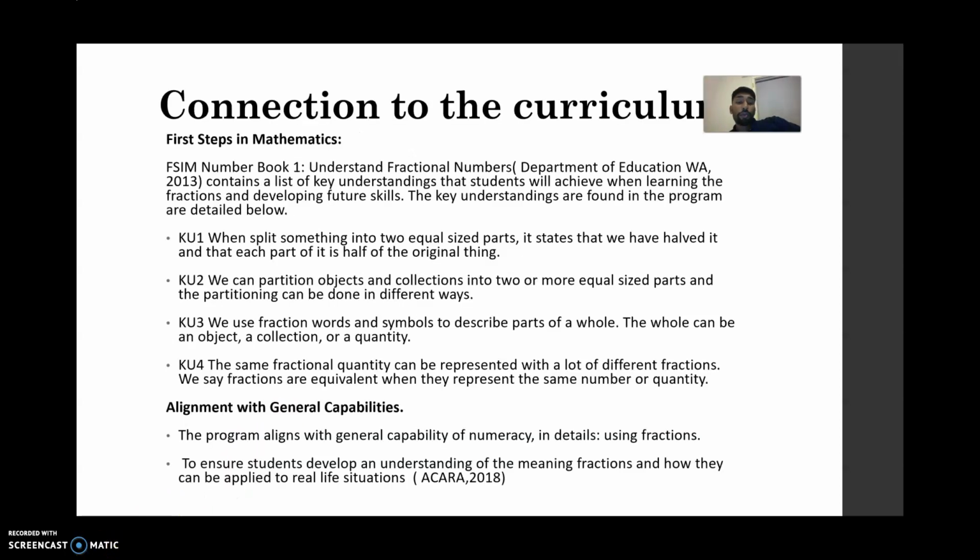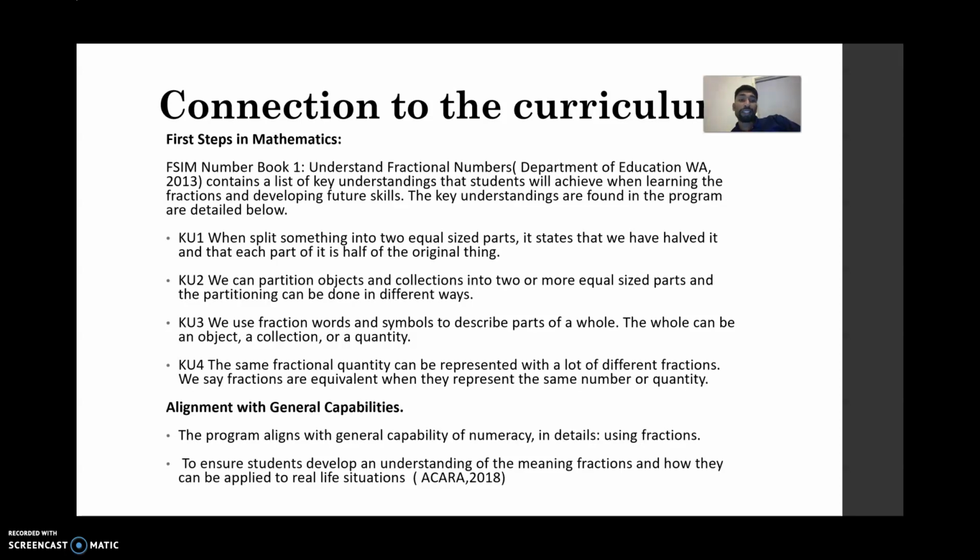In this mathematical program, I have connections to the curriculum via the First Steps book in mathematics. In the First Steps books, under Number Book 1, it states, understand fractional numbers, and contains a list of key understandings that the students will achieve when learning fractions and developing future skills.